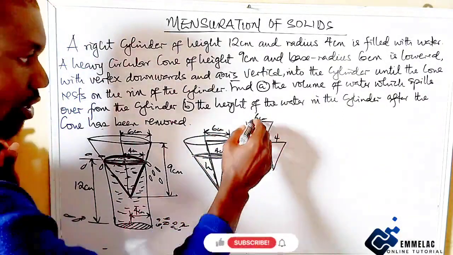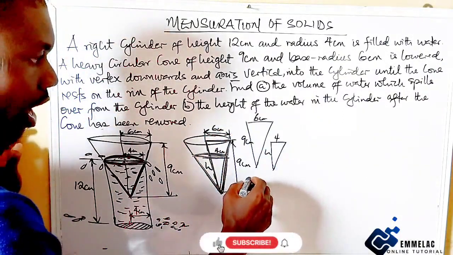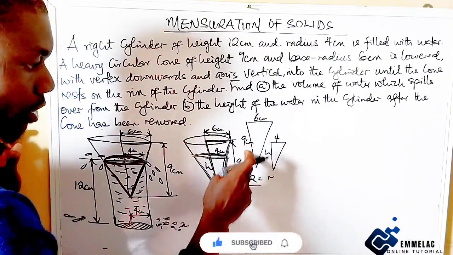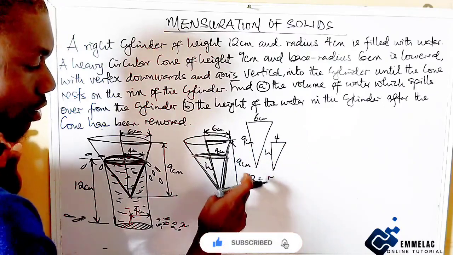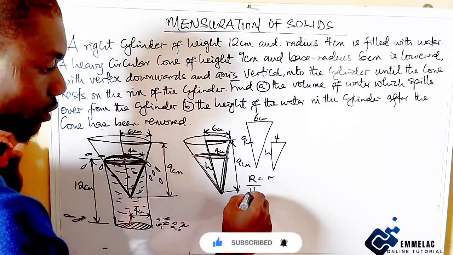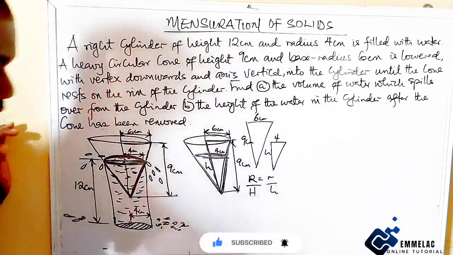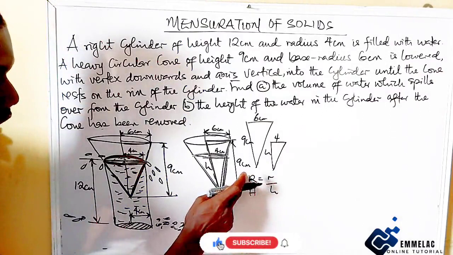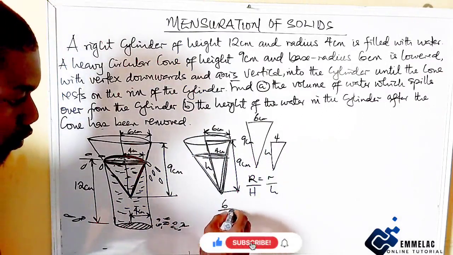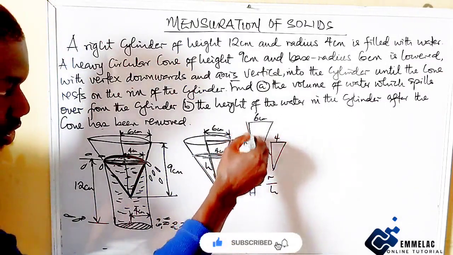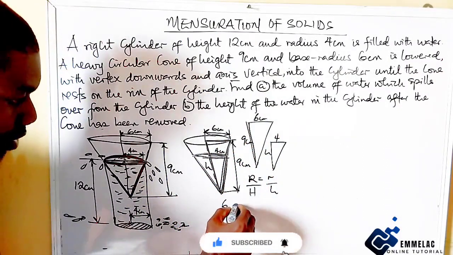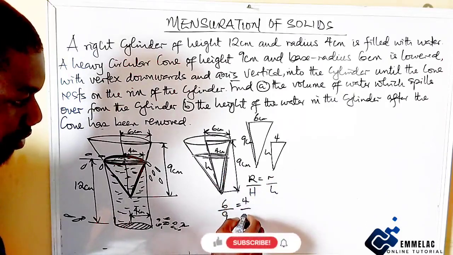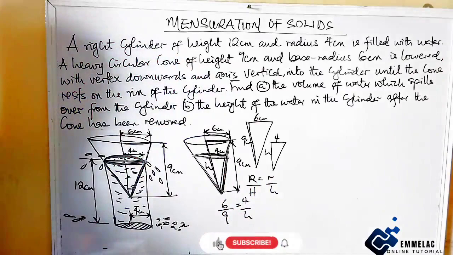So here we can say that the big radius R over the big height equals the small radius over the small height. Okay, so moving further, our big R here is 6, over the big height, which is 9, equals the small radius, which is 4, over the height, which is what we are actually looking for.